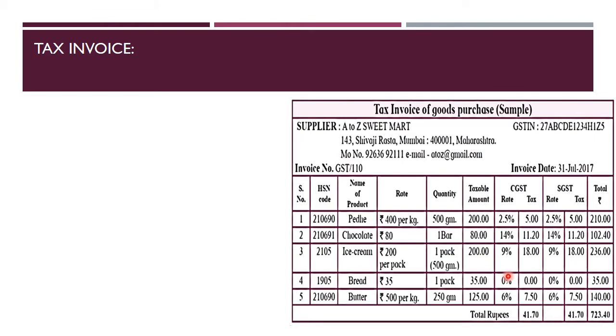Now this tax invoice shows the percentage of tax on each commodity purchased, and what is the CGST and what is the SGST. Here there are two sections, CGST and SGST, and then the total amount paid by the one who is purchasing it. Okay, so there are several terms which might be new for you, so one by one we will learn.